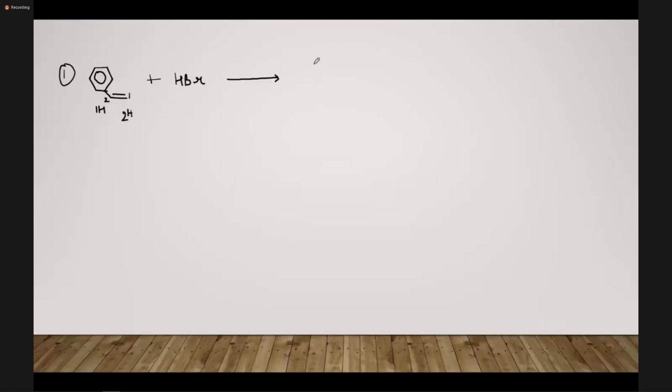So now our product will look like this. This is the ring, the double bond has disappeared because now unsaturation is not there. The compound has been saturated. So this is Br. The hydrogen will get attached to the first carbon. Fine. Now the second thing is, this one is also similar.